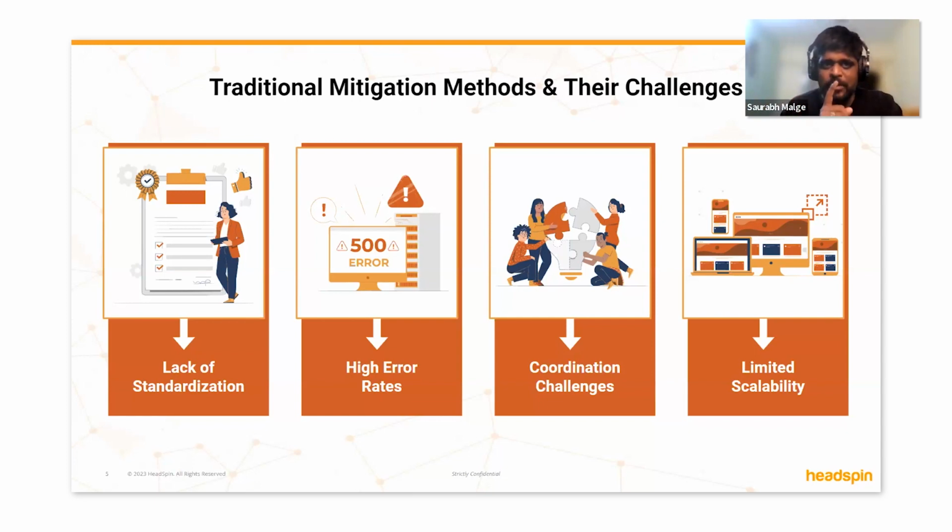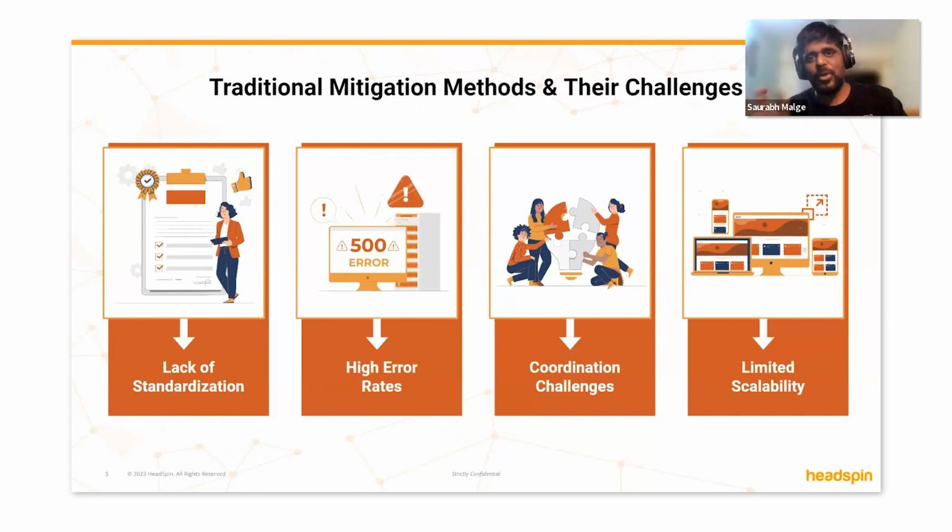The traditional mitigation methods available in the market for testing the user experience of enterprise applications lack a lot of coordination among teams, right? We don't see a lot of hand holding among different teams while testing the user experience and performance of these applications. And at the end of the day, it lacks scalability, right?